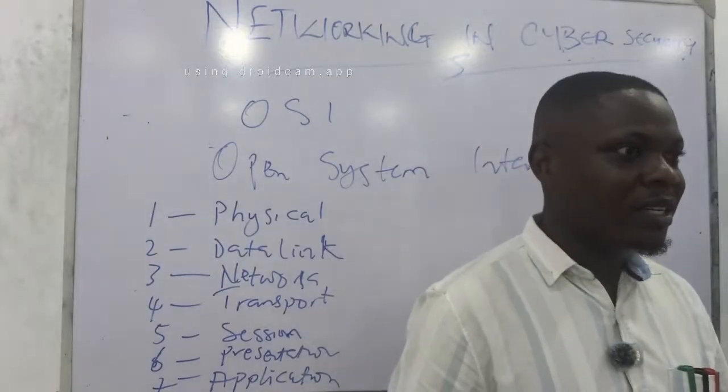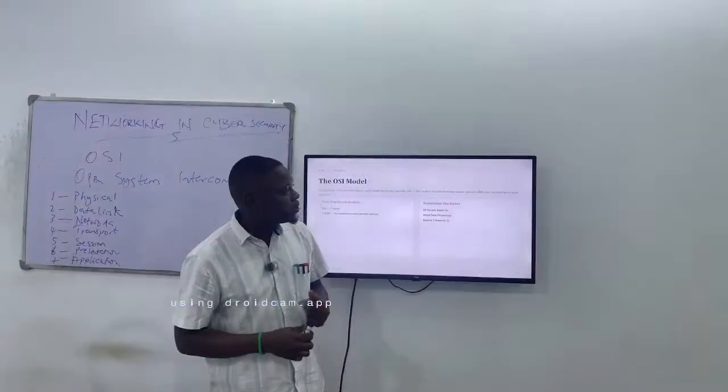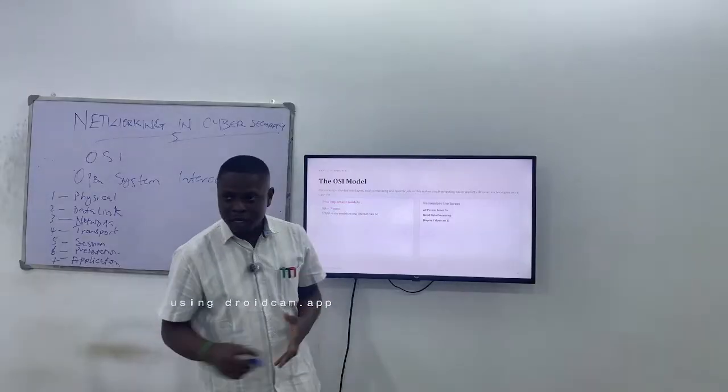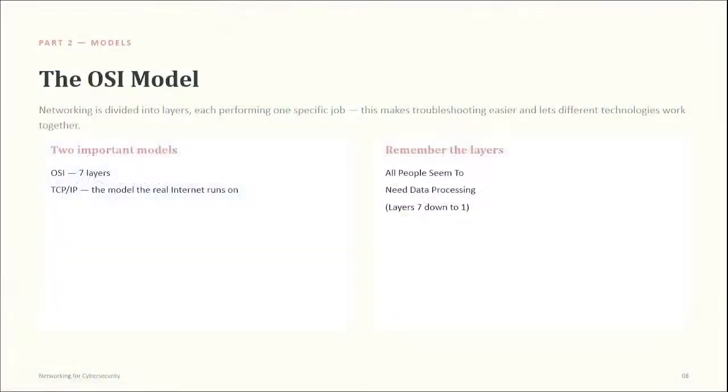This makes troubleshooting easier and lets different technologies work together. So we have two important models: the OSI model, which I just broke down into layers, that's 7 layers, and the TCP/IP model, which is the model the real internet runs on, right? On the internet, it uses the TCP/IP model. On the local area network, we use the OSI model.